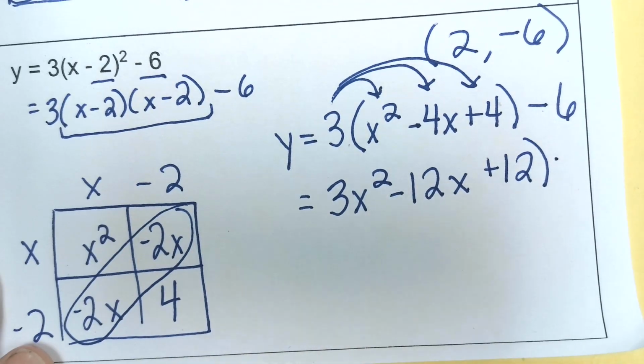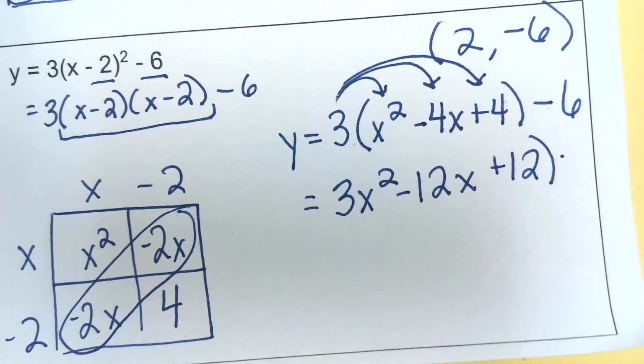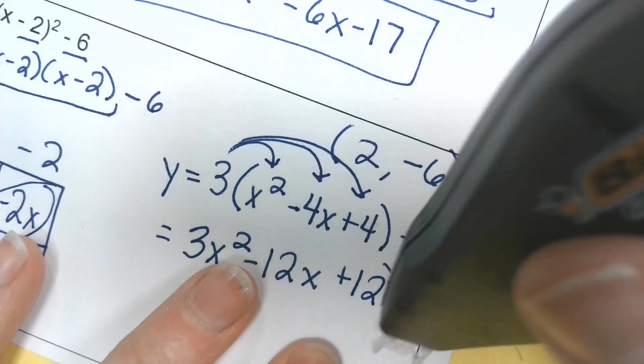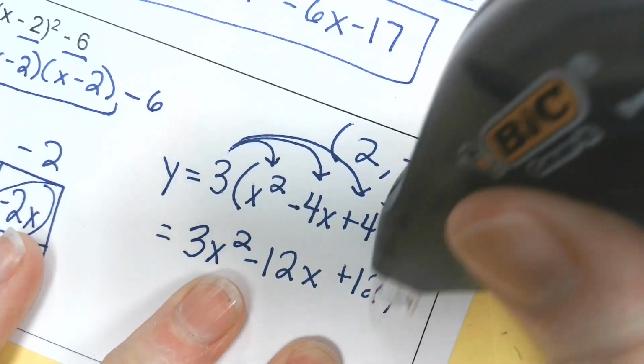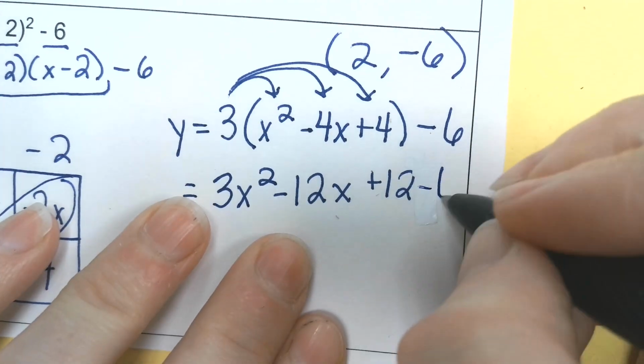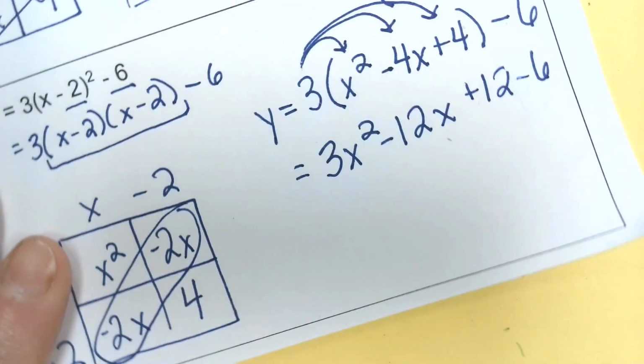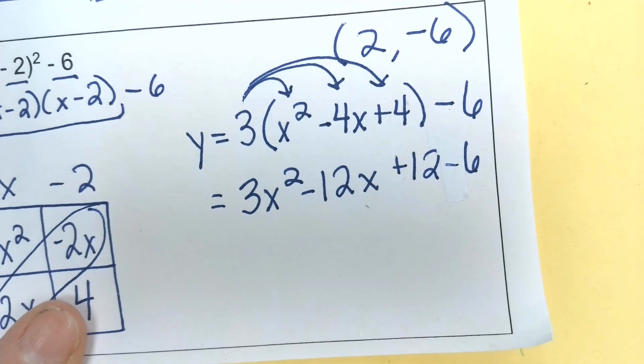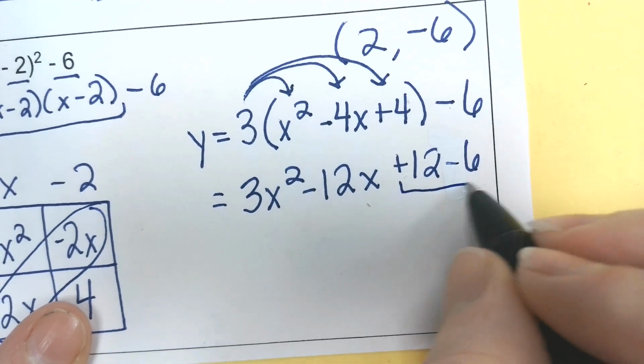And, oh, I don't need that parentheses there. Let me erase it. White out, yes, that too. All right, then minus 6. Then our last step is to combine these.